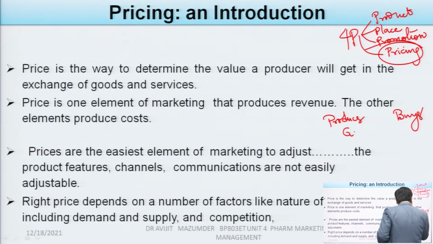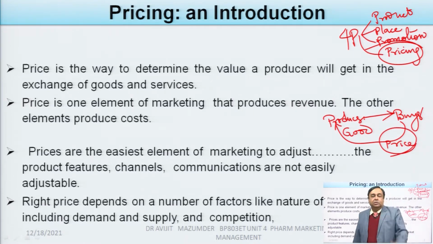The goods are transferred from the producer to the buyer, and in return for the goods the buyers give a price. Therefore, pricing is a way to determine the value of a product, or in other terms the value which a manufacturer gets in exchange for his goods and services.